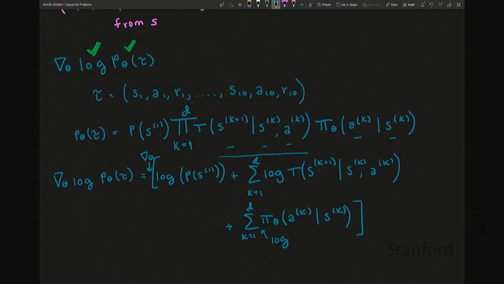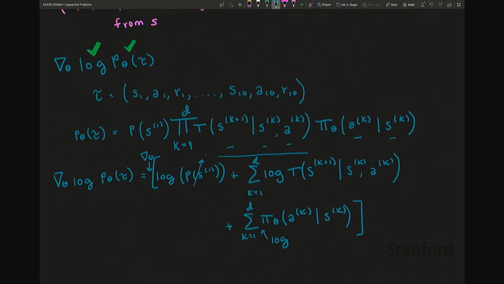All right. So when we take the gradient of both sides, all of the terms that aren't dependent on our policy parameterized by theta drop out, right? So we can get rid of that, and we can get rid of that.